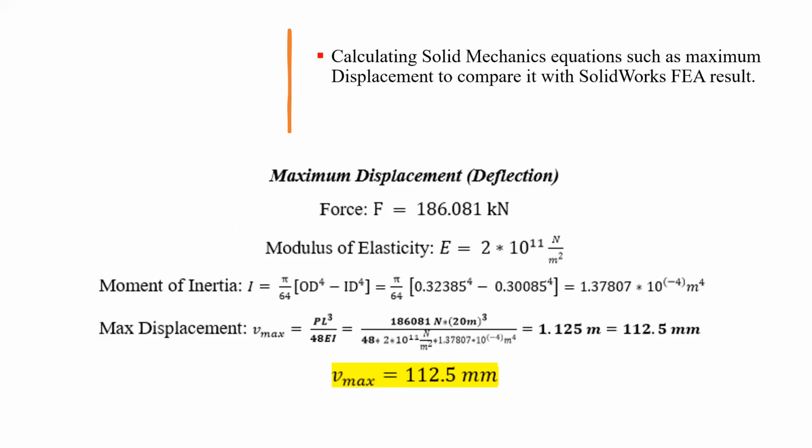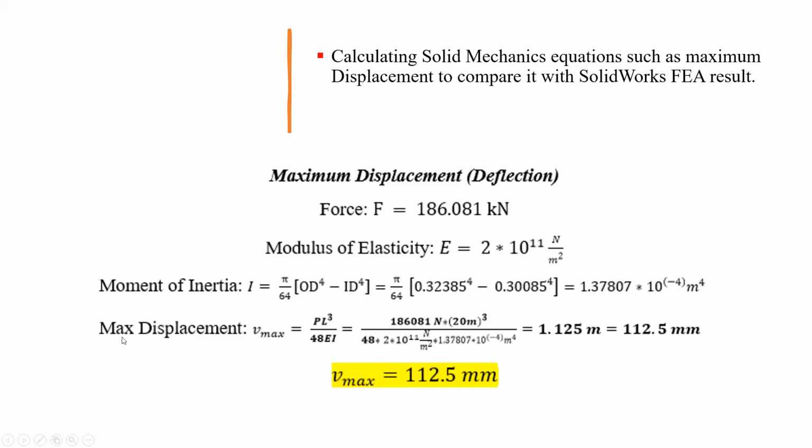And for calculating the maximum displacement, we need the force, modulus of elasticity, and moment of inertia. The modulus of elasticity, or Young's modulus, is equal to 2 times 10 to the positive 11 Newton per meter square, or 200 gigapascal. And we know the moment of inertia that we discussed in previous slides about the maximum bending stress.